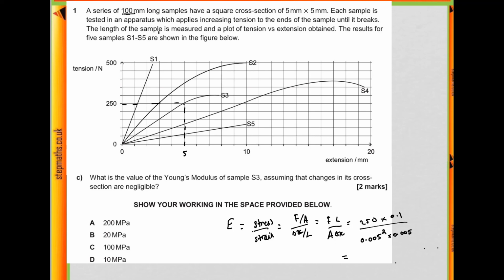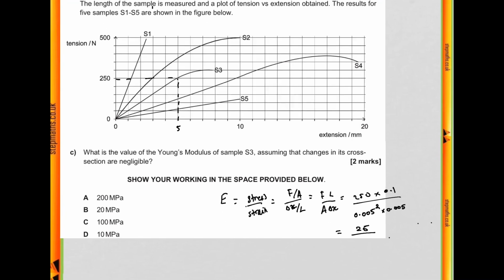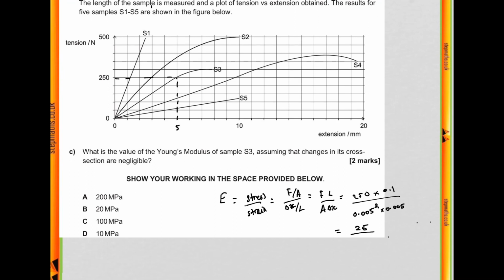So this is just 25 over 5 cubed multiplied by 10 to the minus 9.